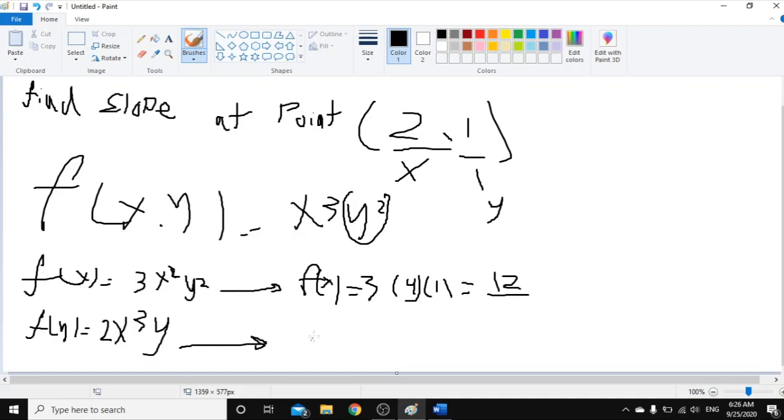Let's take the second one. f of y is equal to 2 times x cubed, so 2 times 2 times 2 is 8, 8 times 1 is 8, times 2 is 16, and that's the final answer.